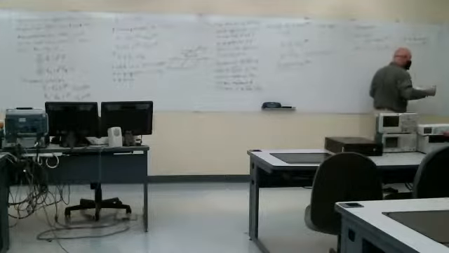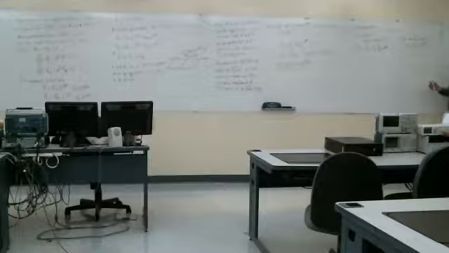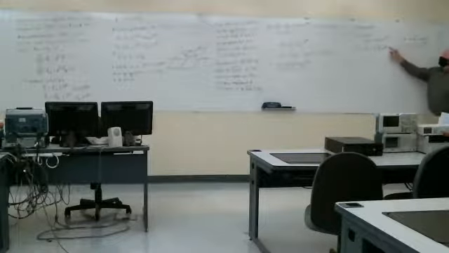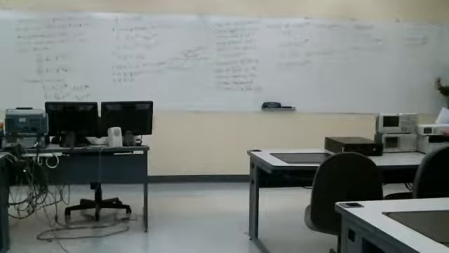Although it looks pretty restricted, it is actually fairly general, because if I have propagation in the x direction, I would replace the z with x, and then my E and H fields have to be z and y directed.